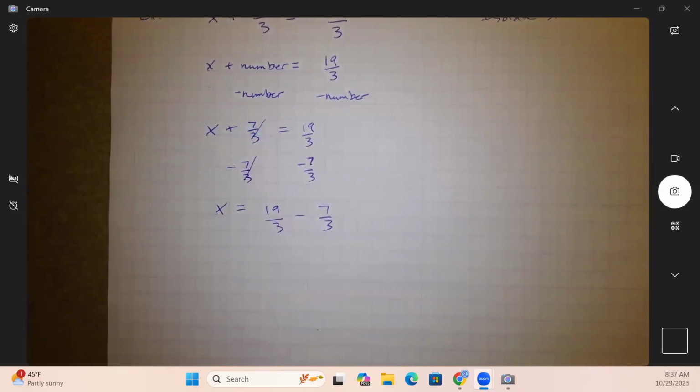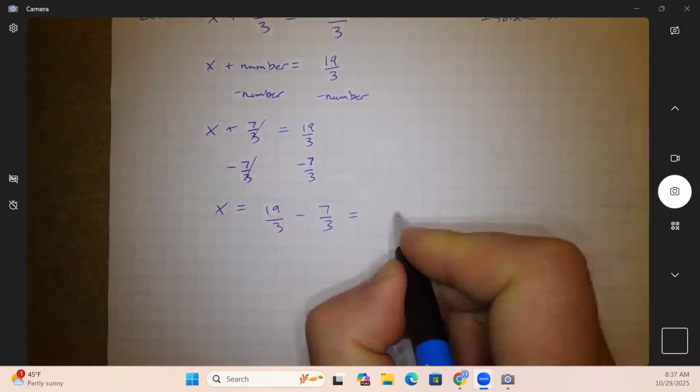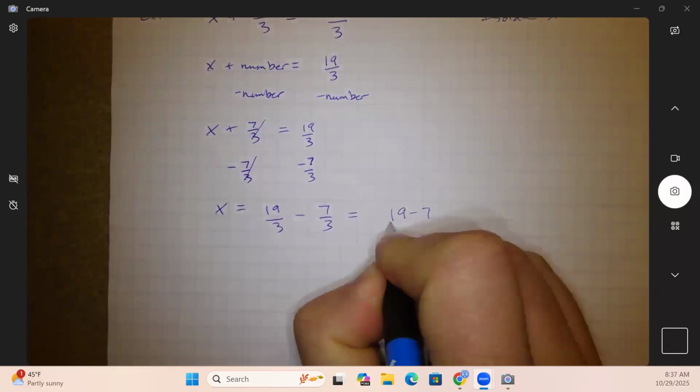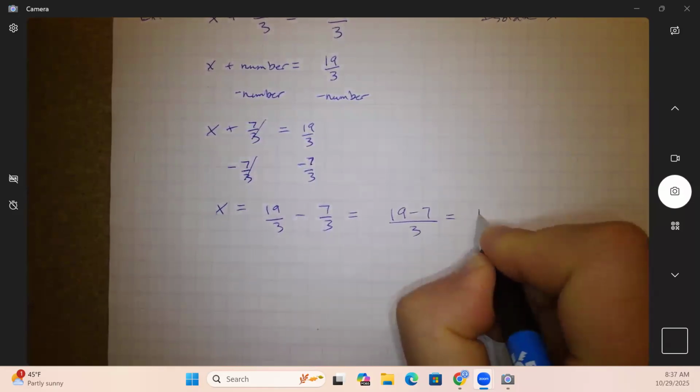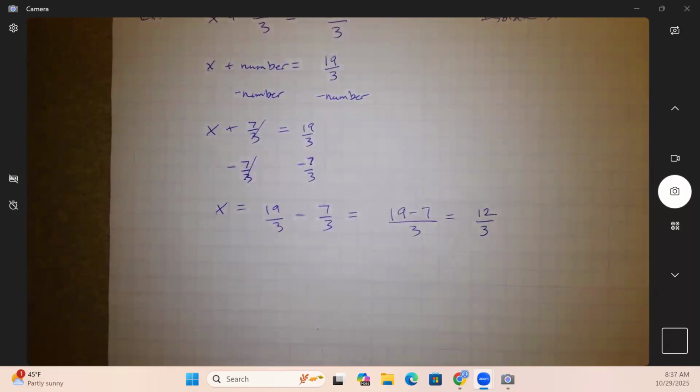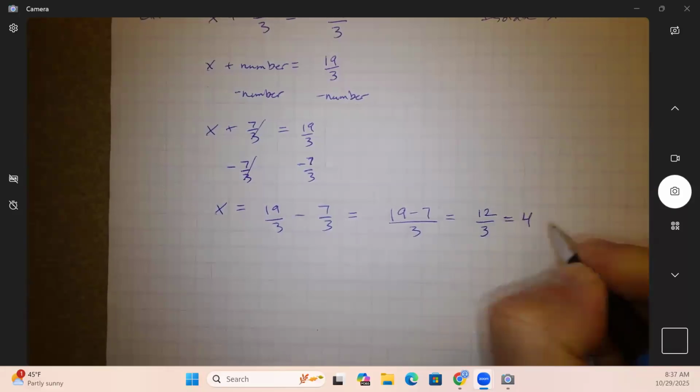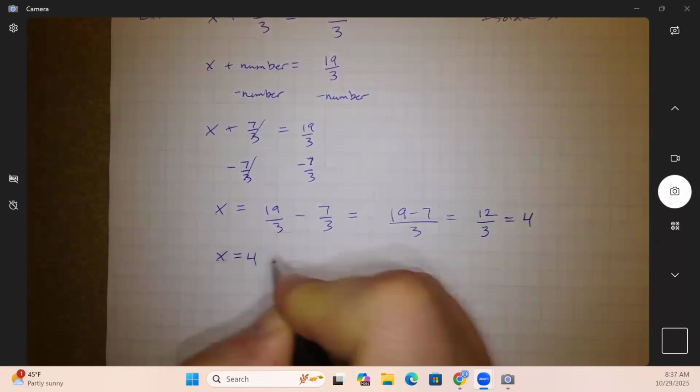And so now I check my reference sheet about how do I subtract fractions if they have the same denominator? Just right across, 19 minus 7 all over 3, which is 12 over 3. That's my answer, x is 12 over 3. Can I reduce that fraction though? Yeah, that's also the number 4. So x equals 4.